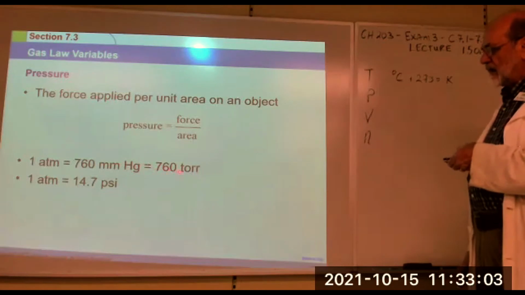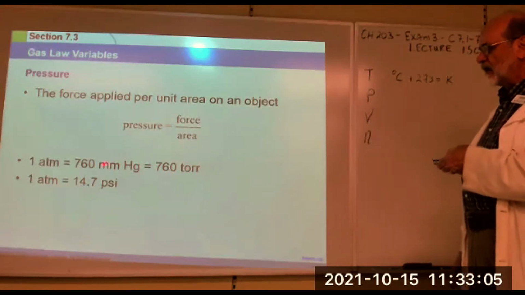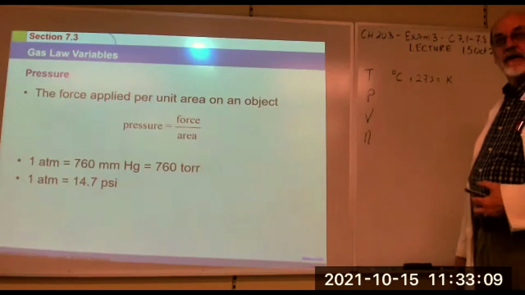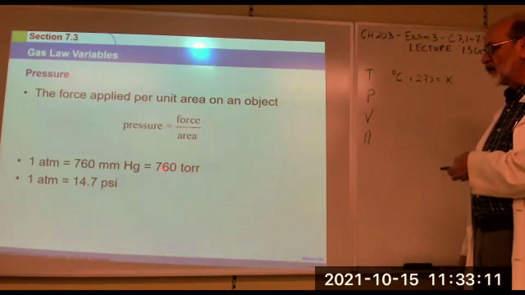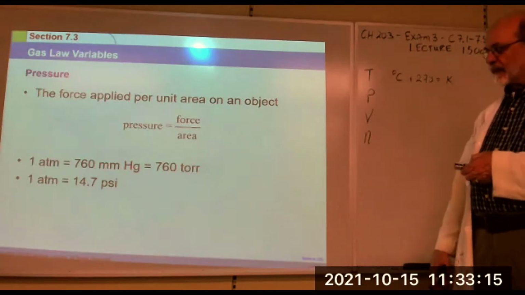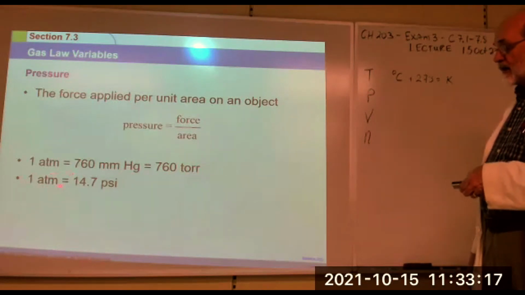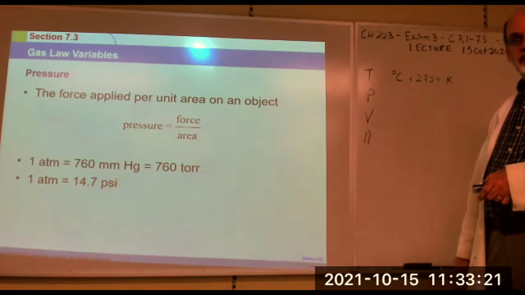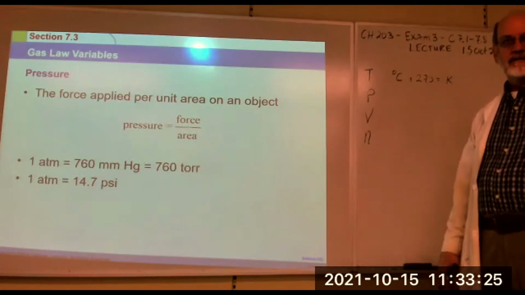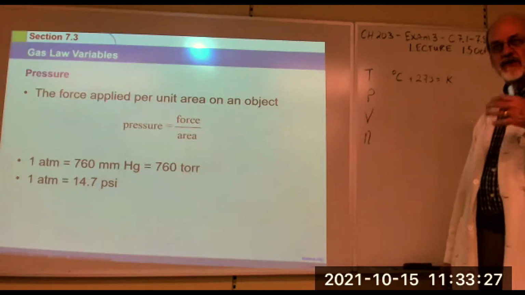So, in honor of Torricelli, a millimeter of mercury is a torr. So if you see a number in front of torr, that means millimeters of mercury. Also, 1 atmosphere is equal to 14.7 pounds per square inch. Pounds per square inch is common in this country as a measure of pressure.